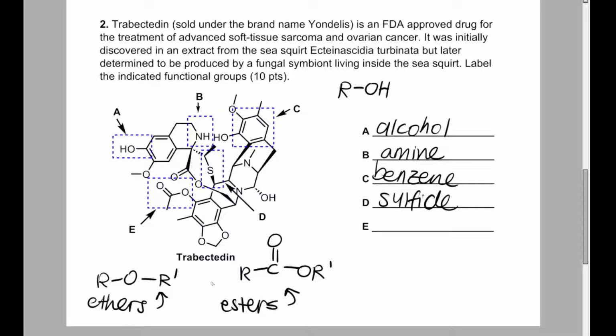Both of them have 2 alkyl or aryl groups attached, as you can see R and R prime in both of these. But the difference is that esters have 2 oxygen atoms bonded to it, and also one of the oxygen atoms has a double bond, whereas ethers only have 1 oxygen atom, and the only bonds in this whole functional group are single bonds. And here we see that there's 2 oxygen atoms, and one of the oxygen atoms is double bonded, so this is an ester and not an ether.